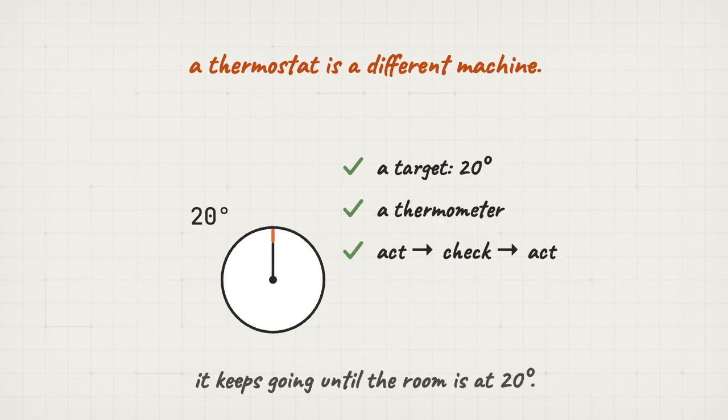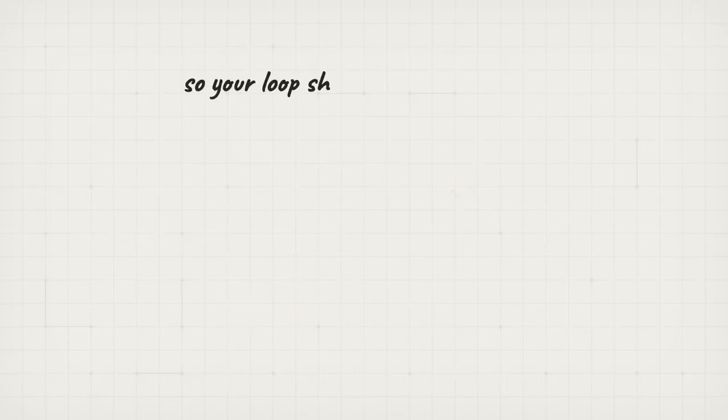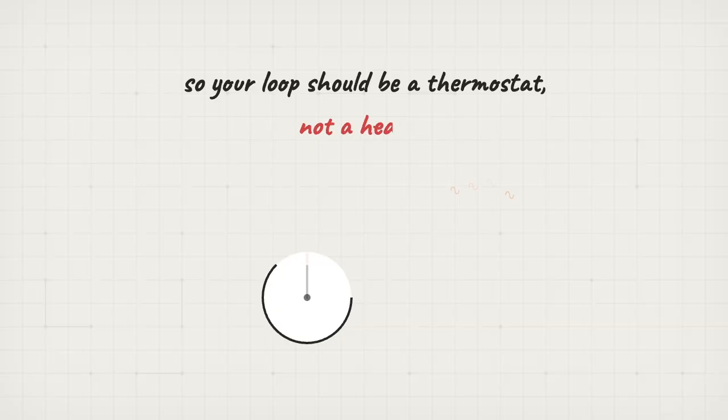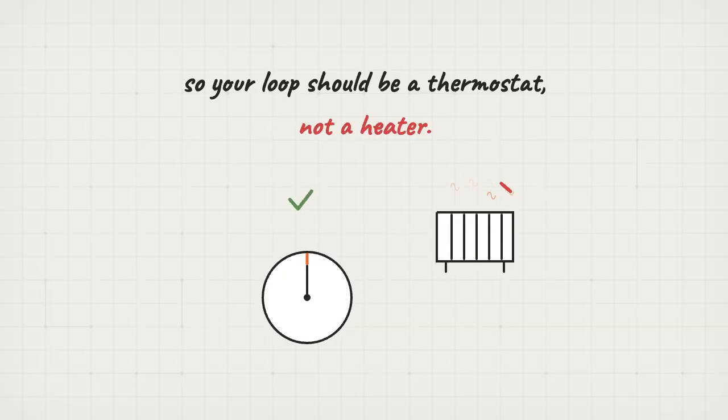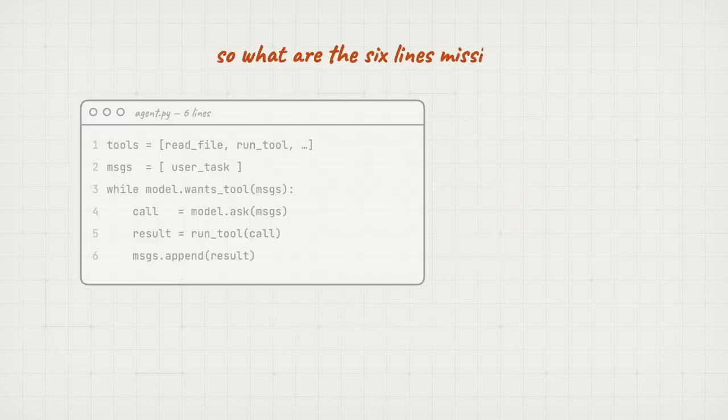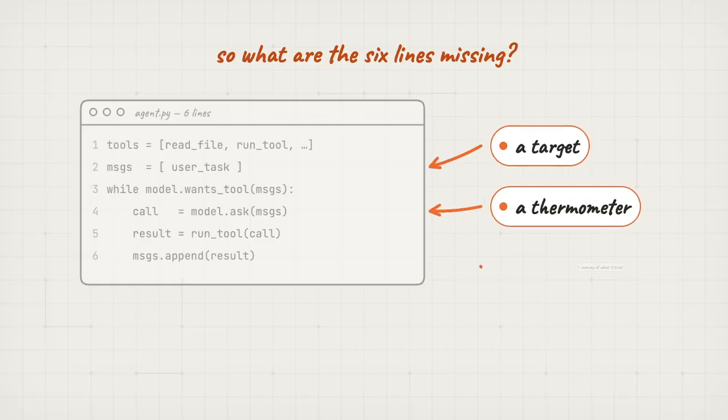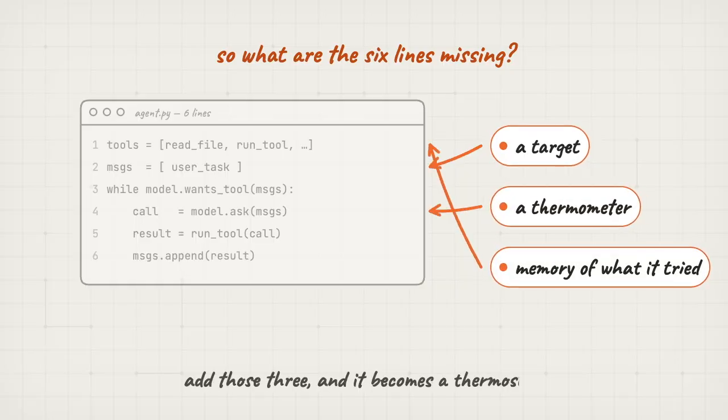It acts, then it checks, then it acts again, and it keeps going until the room is at 20. So, your agent loop should be a thermostat, not a heater. In simple words, it's a control loop. It's much closer to the thermostat on your wall than to a chat window. Now, once you see it this way, you can see what those 6 lines are missing: a target, a thermometer, and some memory of what it already tried.